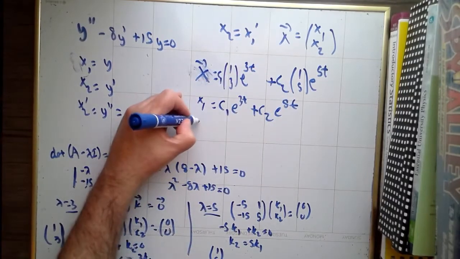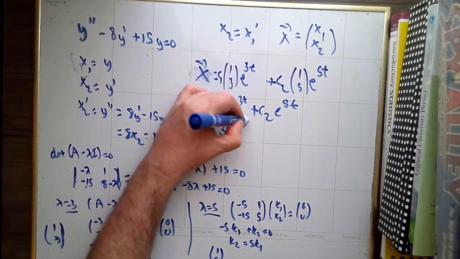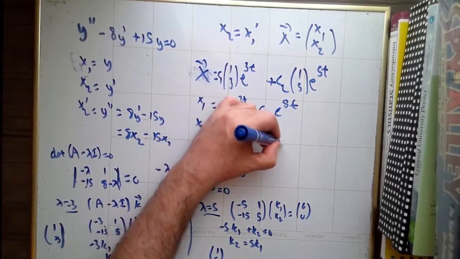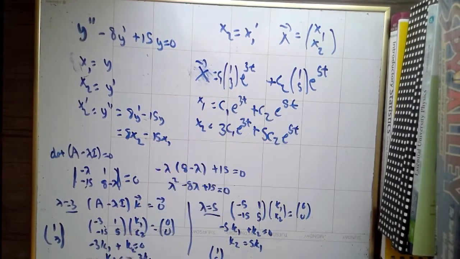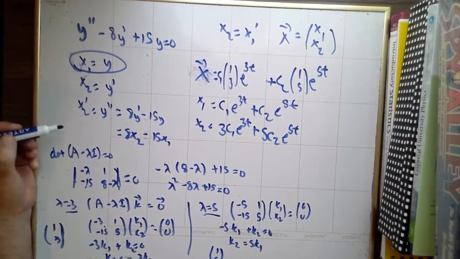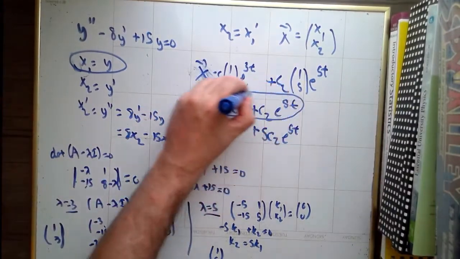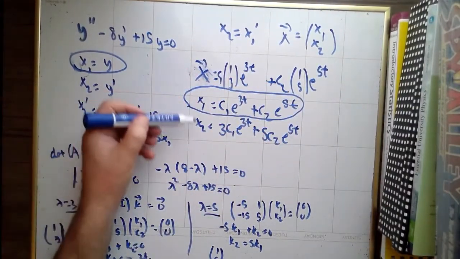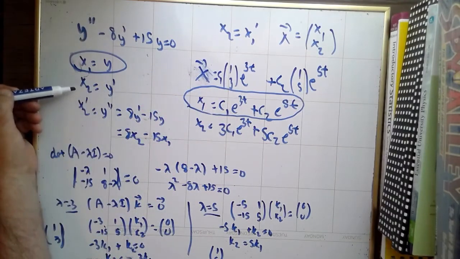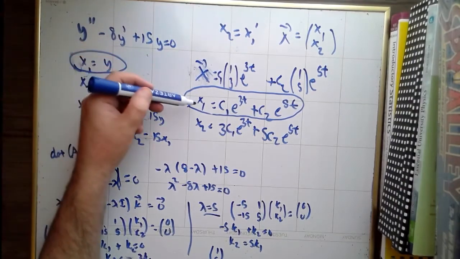The bottom row would be x2 is 3c1 e to the 3t plus 5c2 e to the 5t. Why do I care about those? Because x1 is y. That's what I was actually after right there. And then, so what is x2? We went through all this work. That's y prime. So if I needed y prime, there it is. But all I was really after was y.